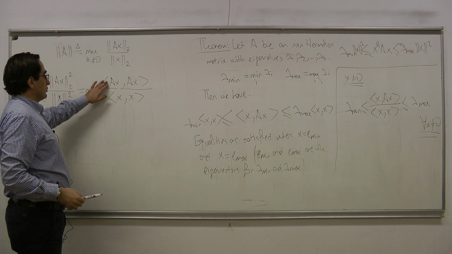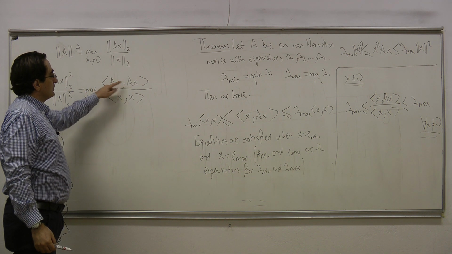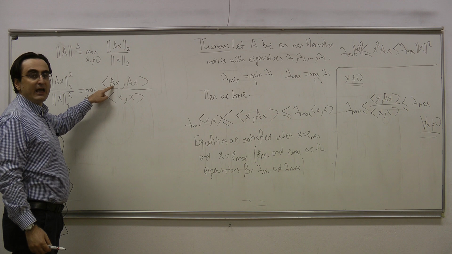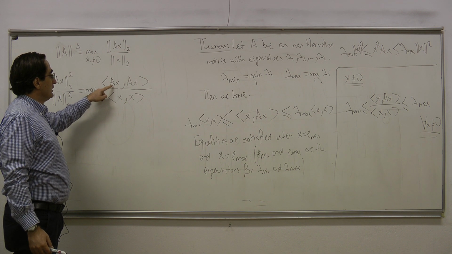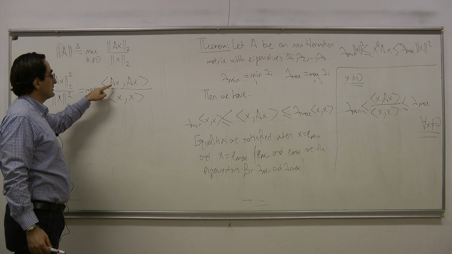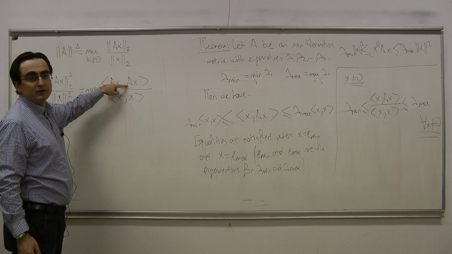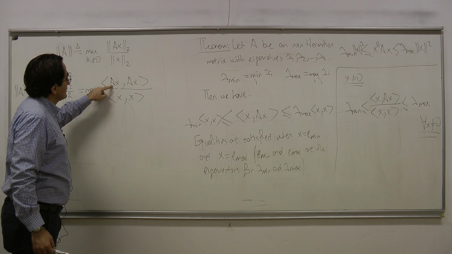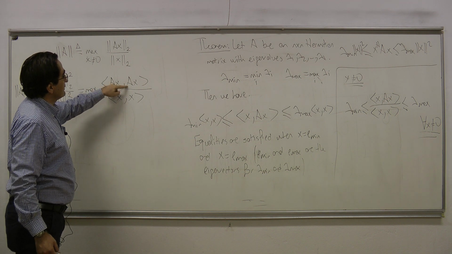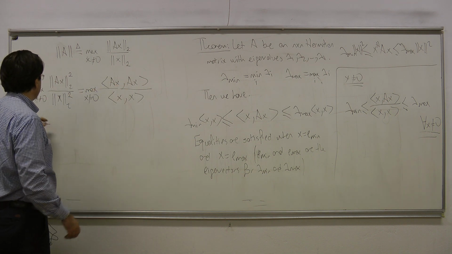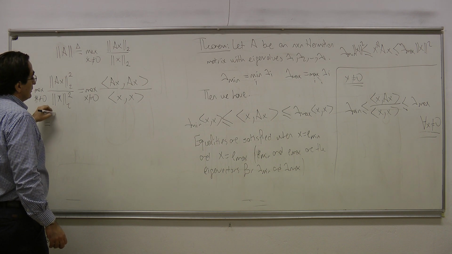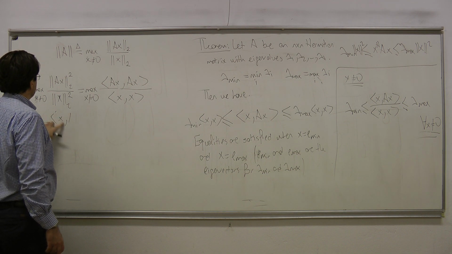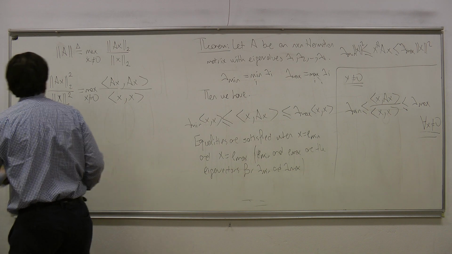So here is what I'm going to do. We know that in the L2 inner product, if we have an A multiplication in one of the arguments, I can take it to the other argument. Okay? So I can actually take this A multiplication to the other argument by taking its Hermitian. So this is equal to, sorry, I have forgotten the maximum.